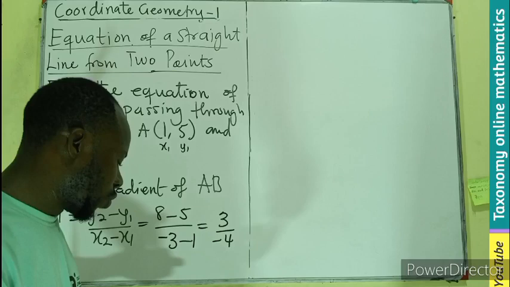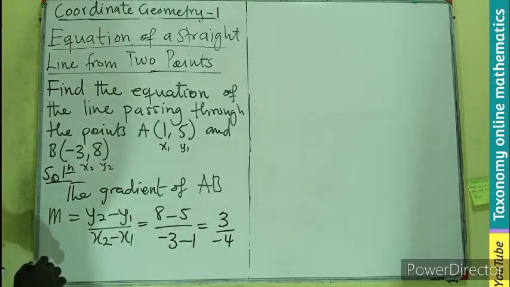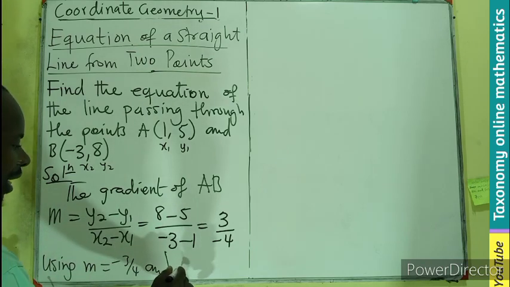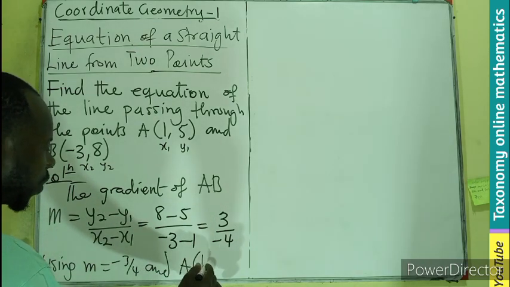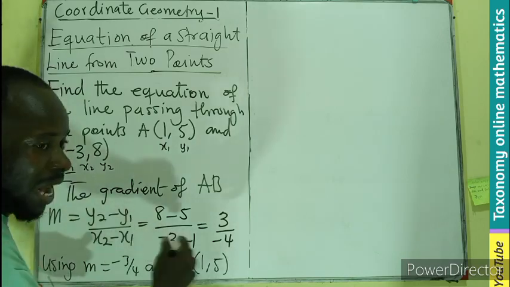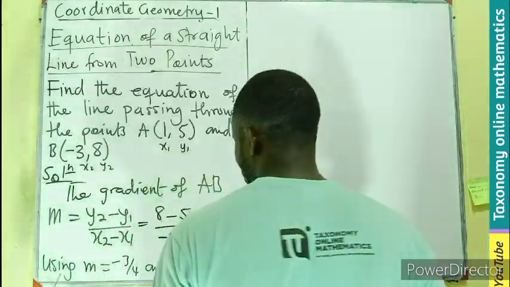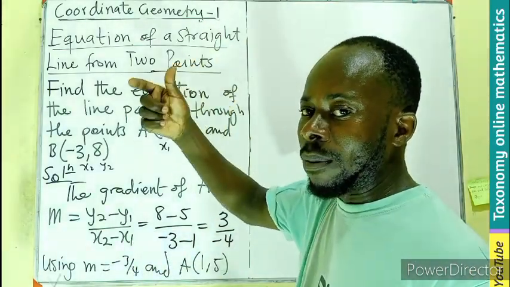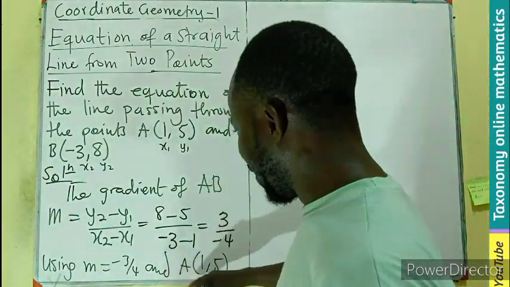The second thing is to use the point. So using m equals minus 3 on 4 and the point A, let's use 1 and 5. Remember, we can use any of the points. We are going to substitute this into the point slope form.